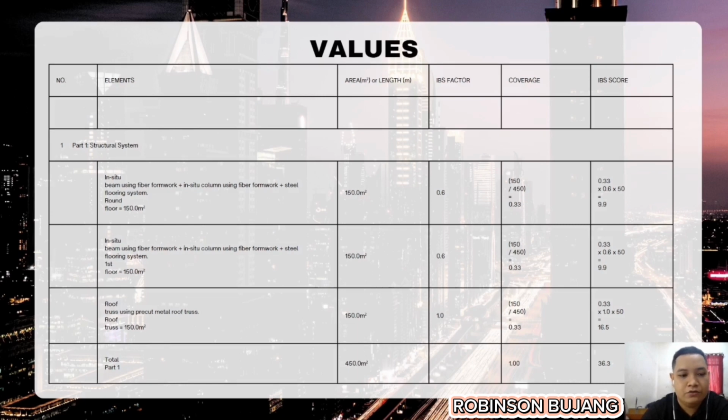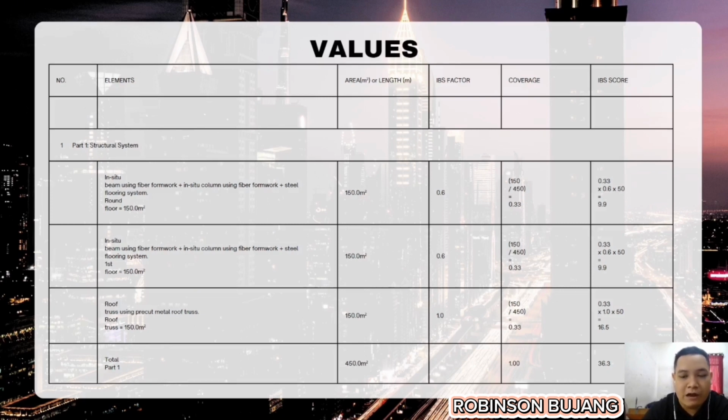Next, for roof truss using pre-cut metal roof truss, we have area 150 meter square and IBS factor 1.0. Then the conversion is 150 divided by 450 equals 0.33.